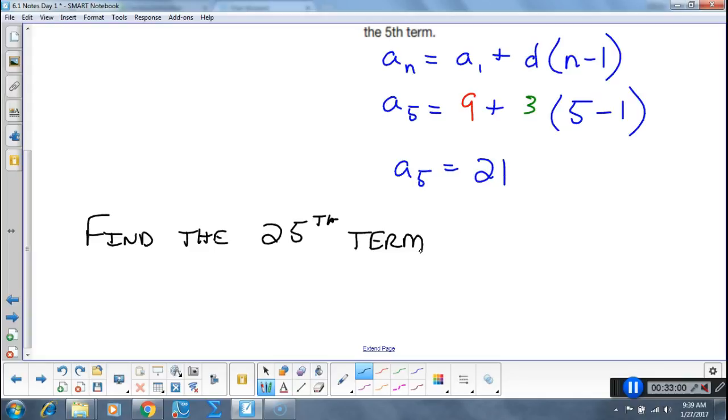You can do it right underneath that one, because we're not going to do question number 3 there, so you can do it right underneath there. Find me the 25th term.